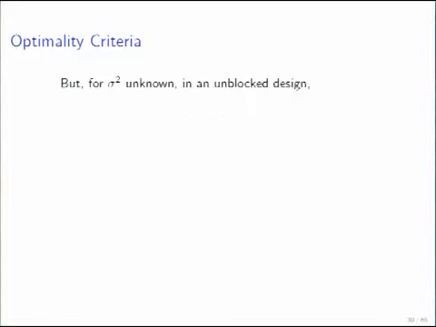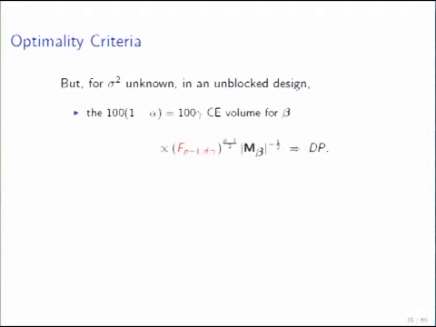But if sigma is unknown and we have to estimate it from the design, in the unblocked design the 100(1 minus alpha) percent confidence ellipsoid volume for beta is proportional to that, where F is the quantile of the F distribution with P minus 1 degrees of freedom in the numerator.